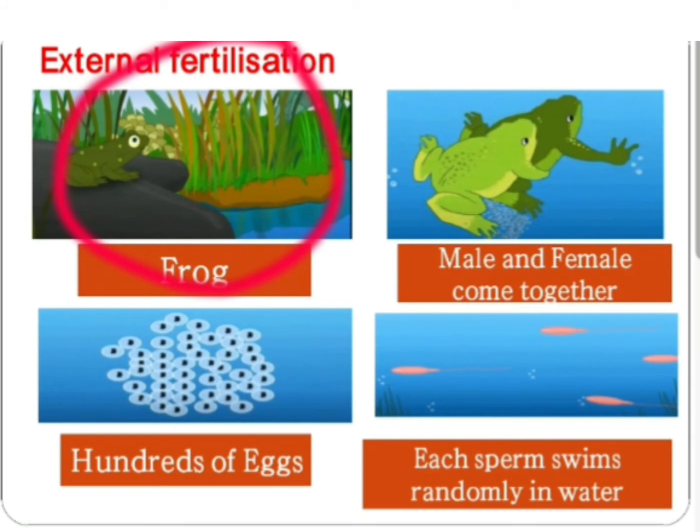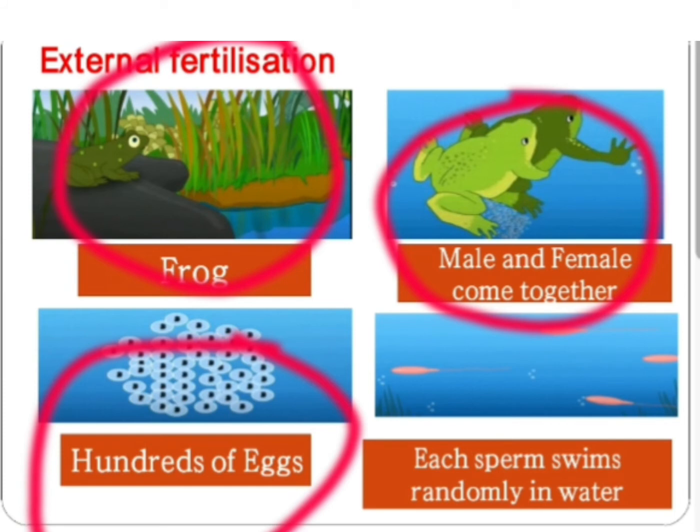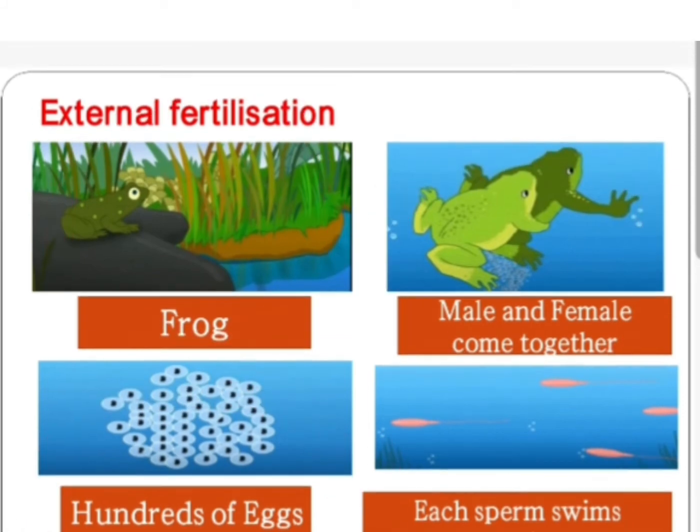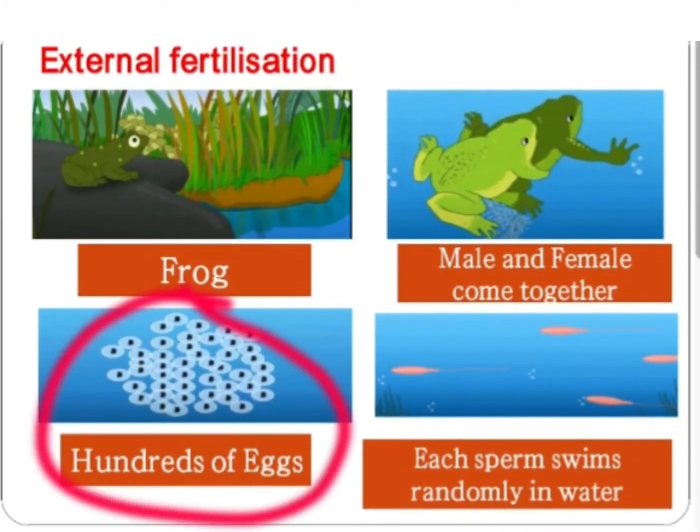When the male and female come together in water, the female lays hundreds of eggs. Unlike hen's egg, frog's egg is not covered by a shell, and it is comparatively very delicate, and a layer of jelly holds the eggs together and provides protection to the eggs.